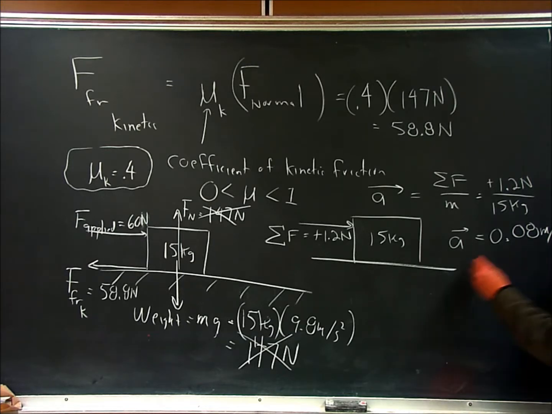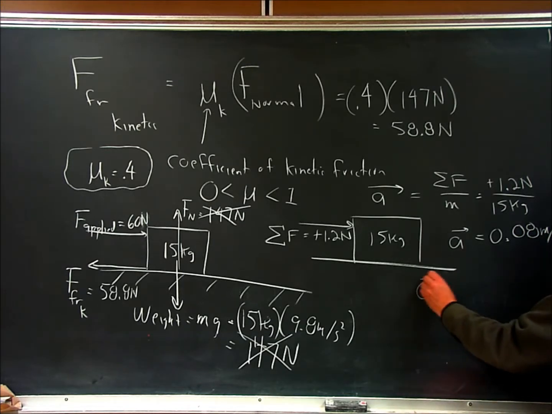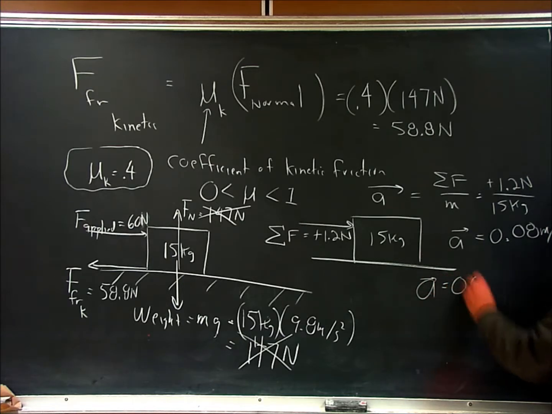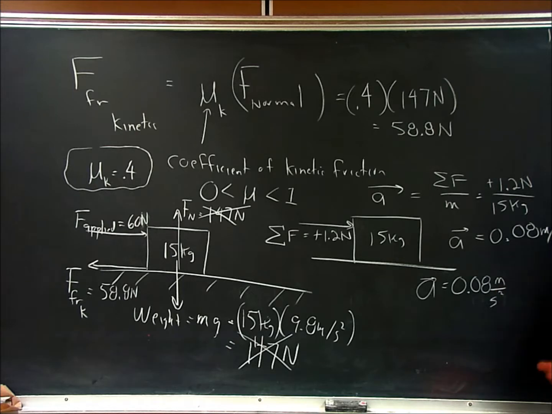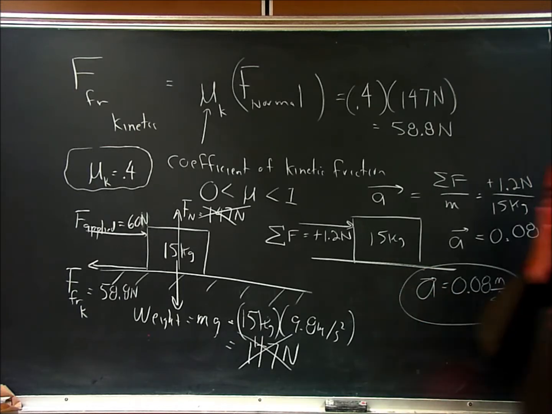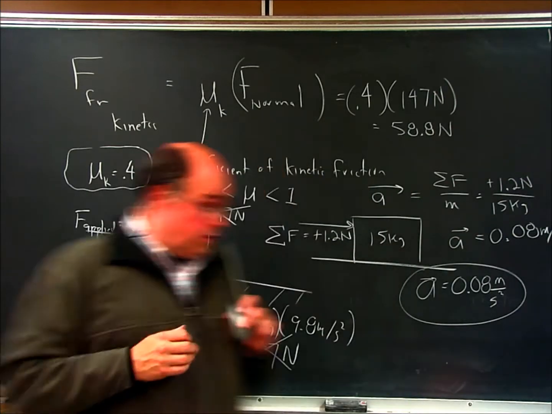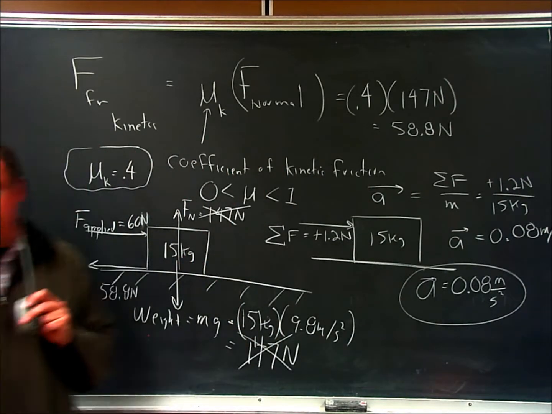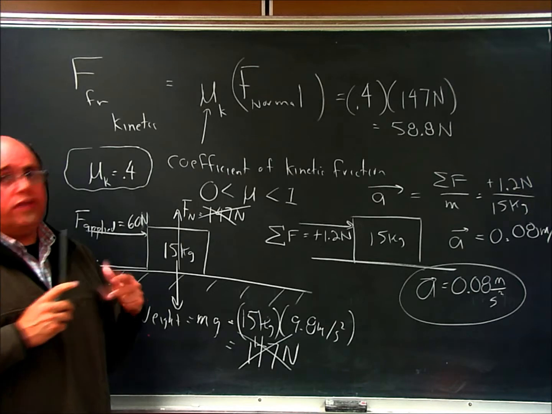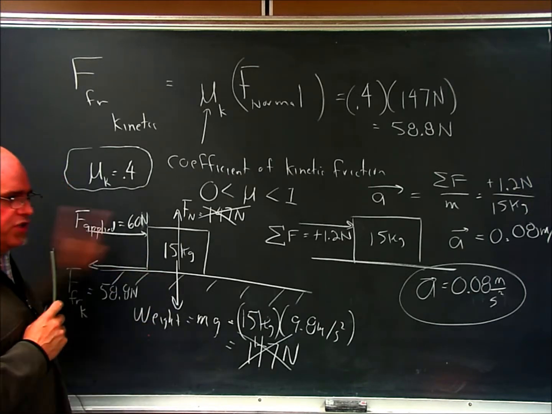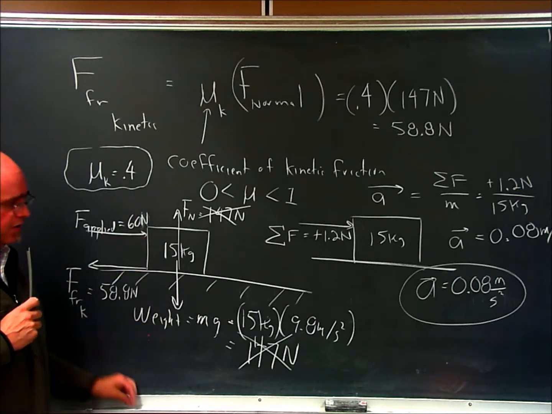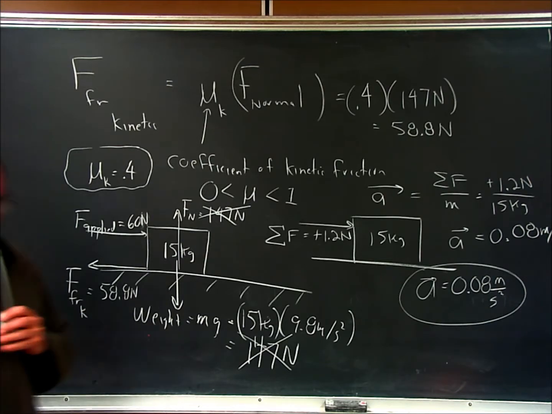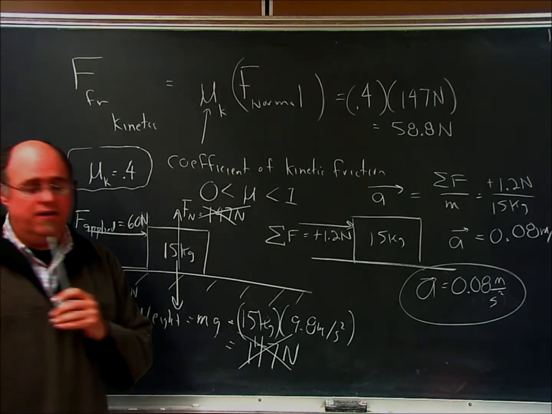I'll write it again. The acceleration equals 0.08, and that's meters over second squared. So this force of friction comes out of nowhere, and it's going to try to oppose motion, and just because I'm pushing it to the right, it's going to be moving to the left. That's how to do this particular type of problem, dealing with kinetic forces of friction.